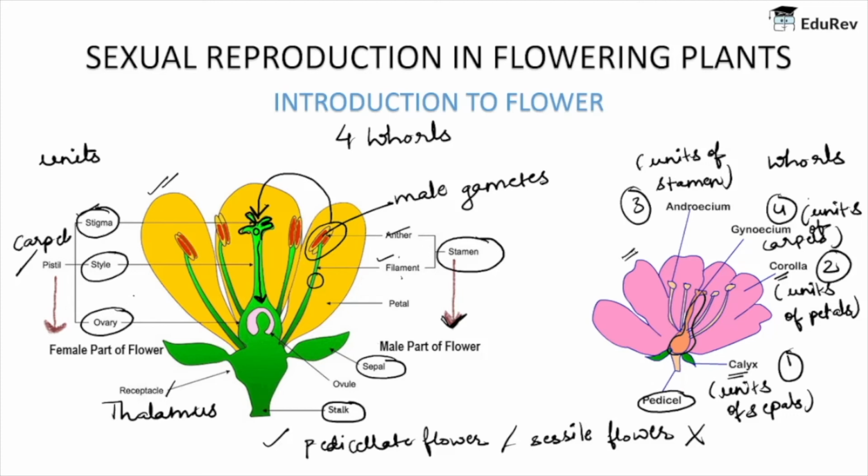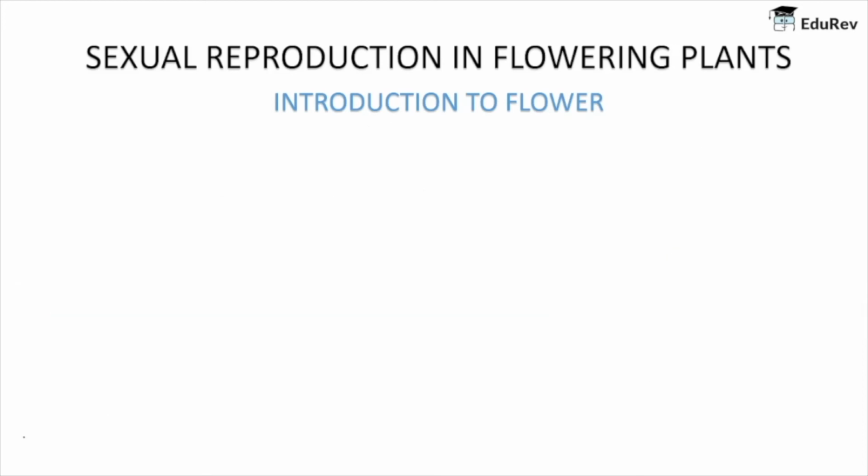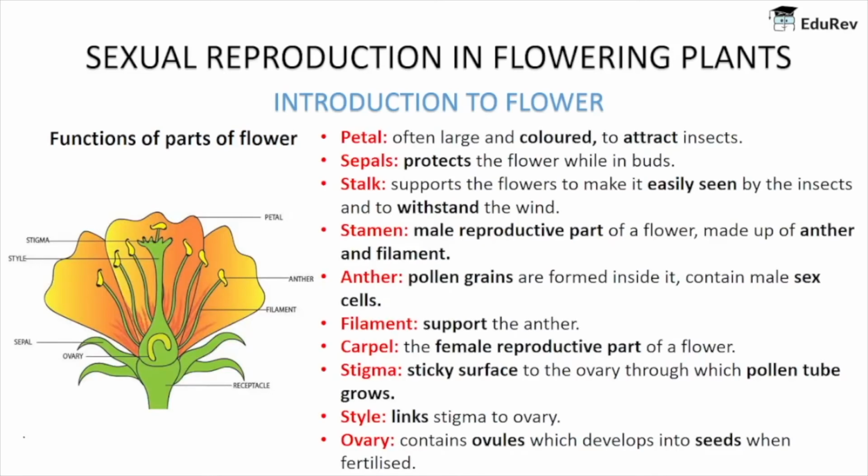So these were the parts of flowers that we just studied, which is a very important topic. If you have a notebook or pen with you, you must note all the important points that we just discussed here. Now let us quickly revise the functions of the parts of a flower, which I have for you in a notes form.